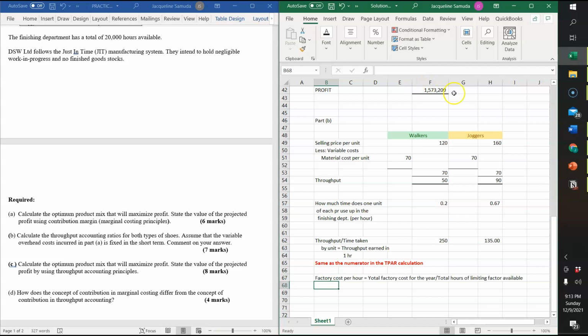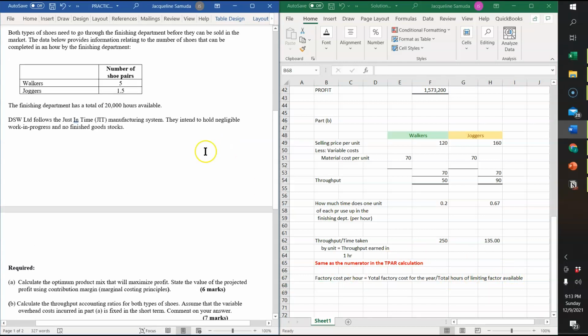So we know that the total hours of limiting factor available is the 20,000 hours here. So we have the bottom part for calculating the factory cost per hour.